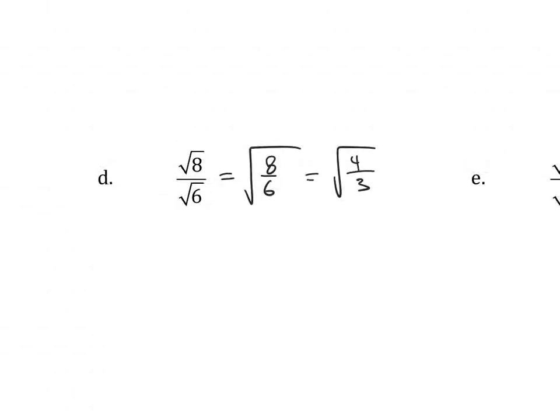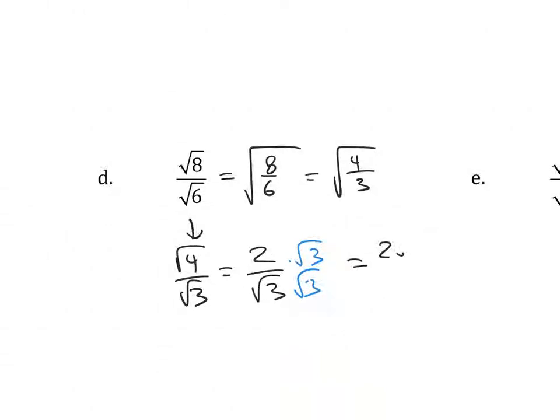But if you wanted to, you could go right to that from the beginning. I could say 8 and 6 reduced to 4 and 3, so I get root 4 over root 3. The top is 2 over root 3. And now it looks just like some other problems we've done, where I'll multiply by root 3 to the top and the bottom, and I get an answer of 2 root 3 over 3.